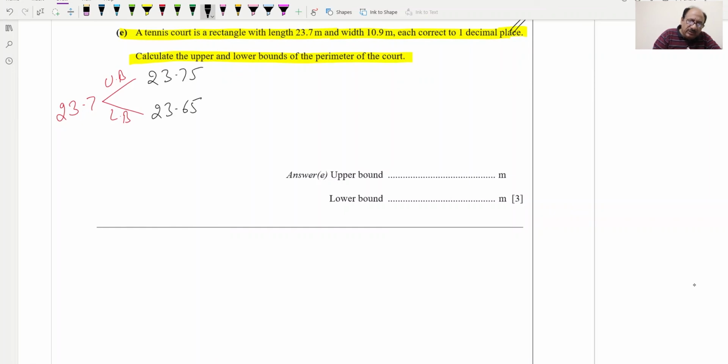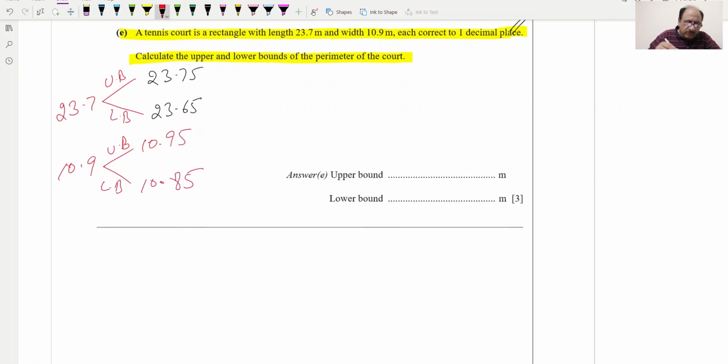Now similarly, the upper bound and lower bound of 10.9 we can check. The upper bound will be 10.95 and the lower bound will be 10.85.